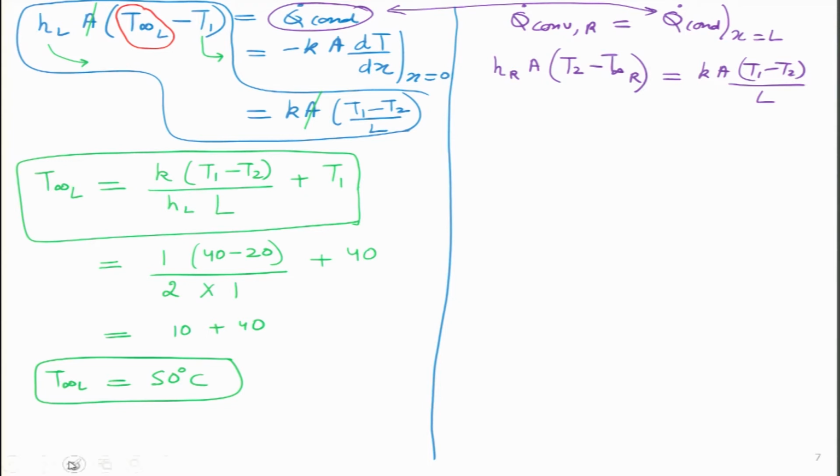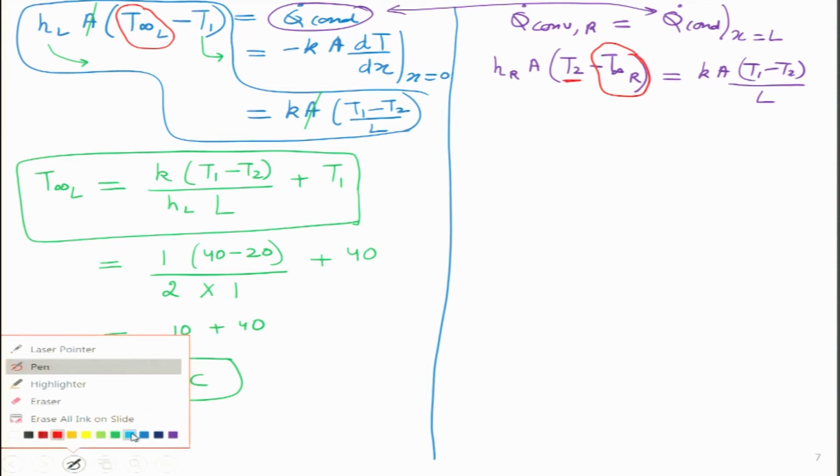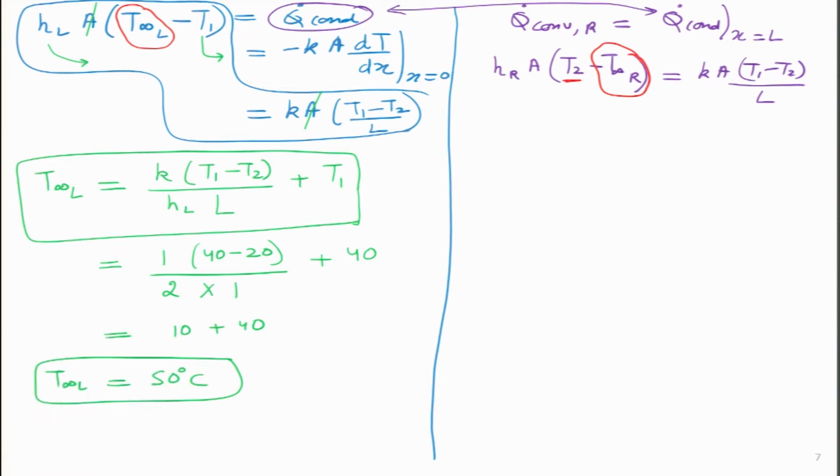Here again, because we are doing it in reverse, we want to figure out what value of the right air temperature will give me the desired T2 temperature. So this solution we can write simply as this. I have written down that solution over here. For T infinity R, A will be cancelled, we do some substitutions and move some terms around, and what we end up getting is h_R L, and we can plug in those numbers very quickly.